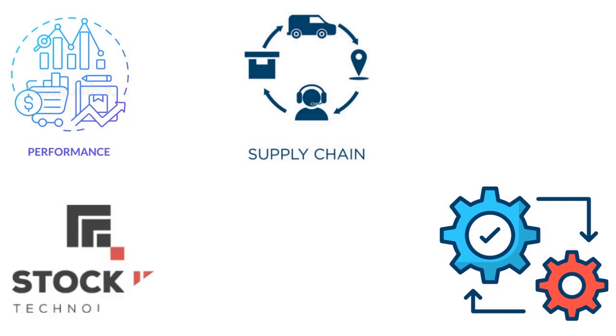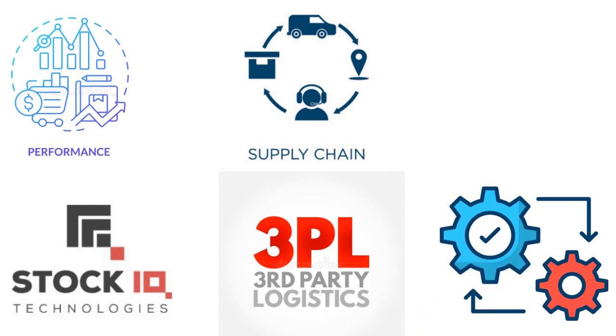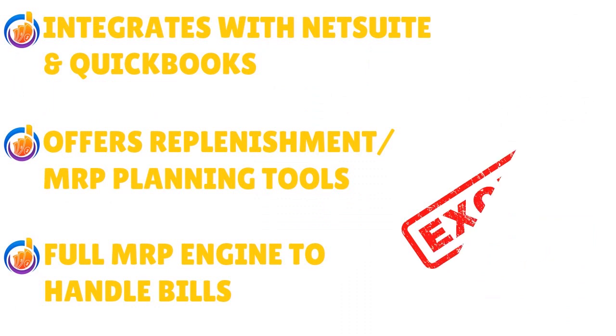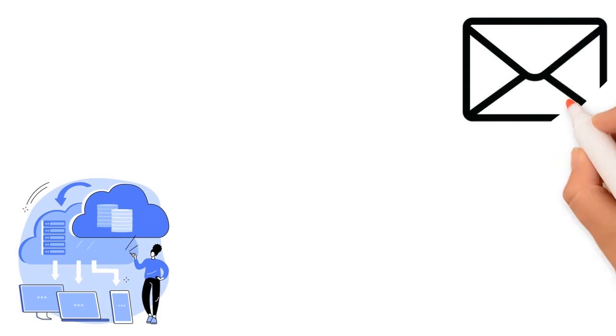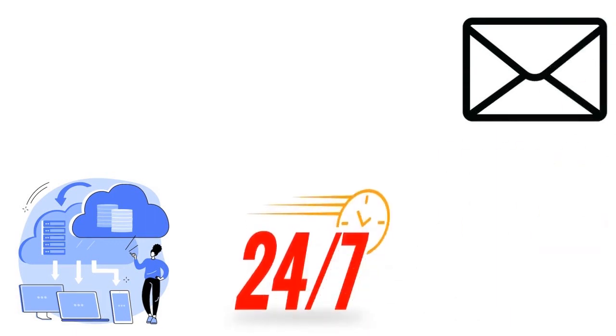StockIQ targets distributors and 3PLs, third-party logistics, and the software helps improve forecast accuracy, reduce inventory levels, improve turns, reduce stockouts, and reduce excess. And you have a tool that's cloud hosted. You also have web-based hosting, open source, and you have support available via email and phone, and the support is available 24/7. So this is really fantastic.